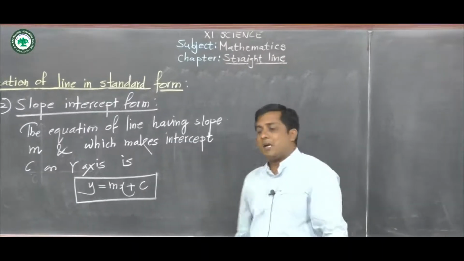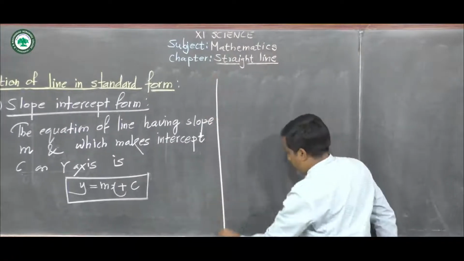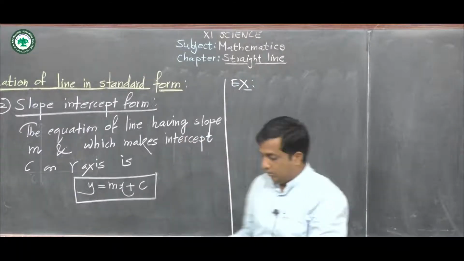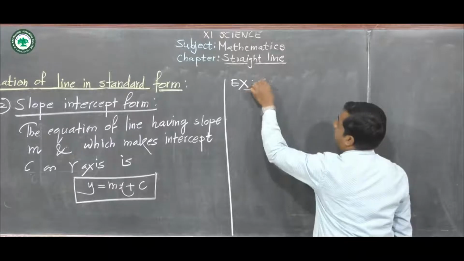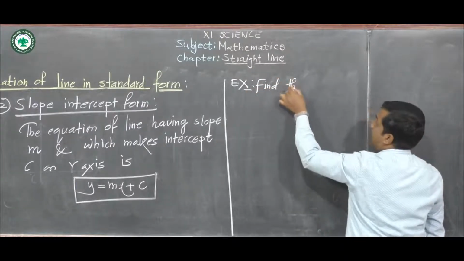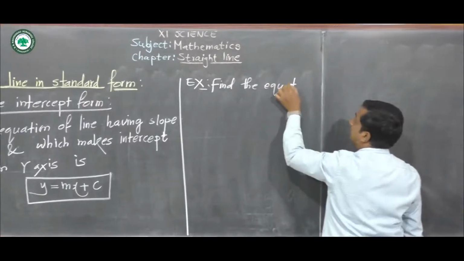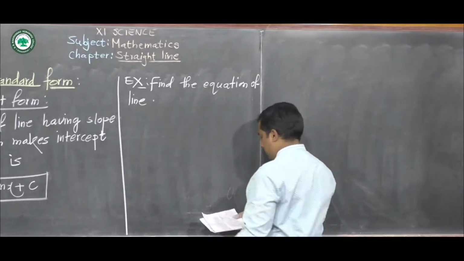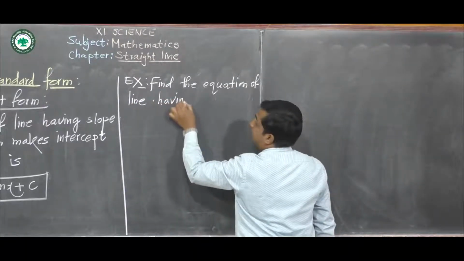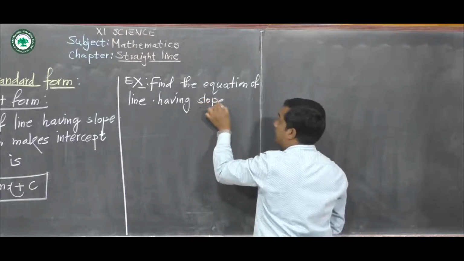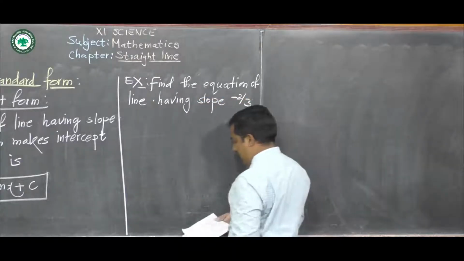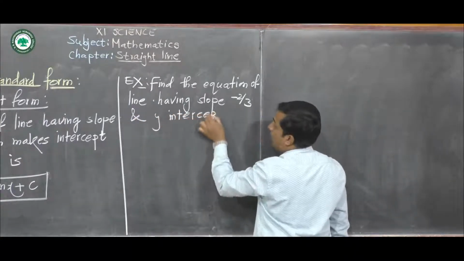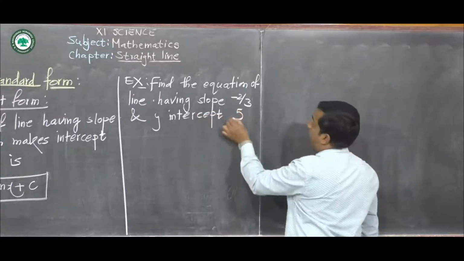So using this form, we find the equation of the required line. Let us see some examples related with this part. Example: find the equation of line having slope minus 2 upon 3 and y-intercept 5.